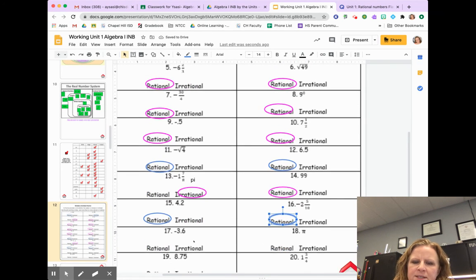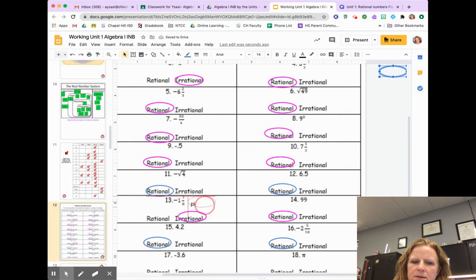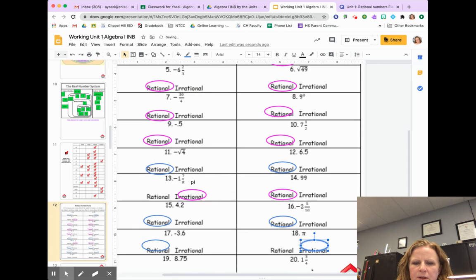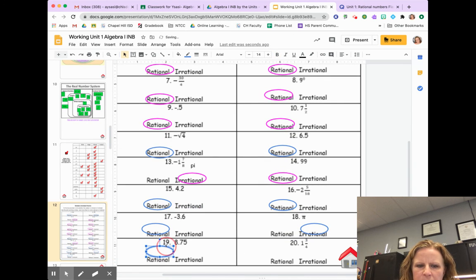Negative 3.6. Pi. Irrational. And 8.5 is rational. And I'm just copying Control C, Control V because I don't want to go back up and try to find it. 1 3/4. Okay.